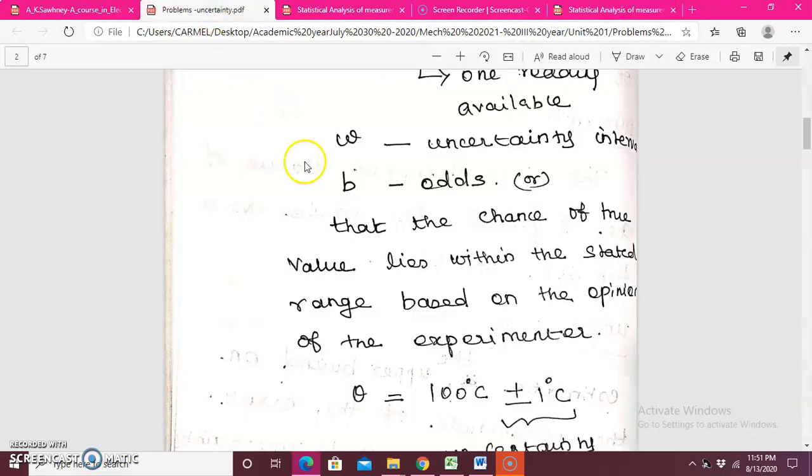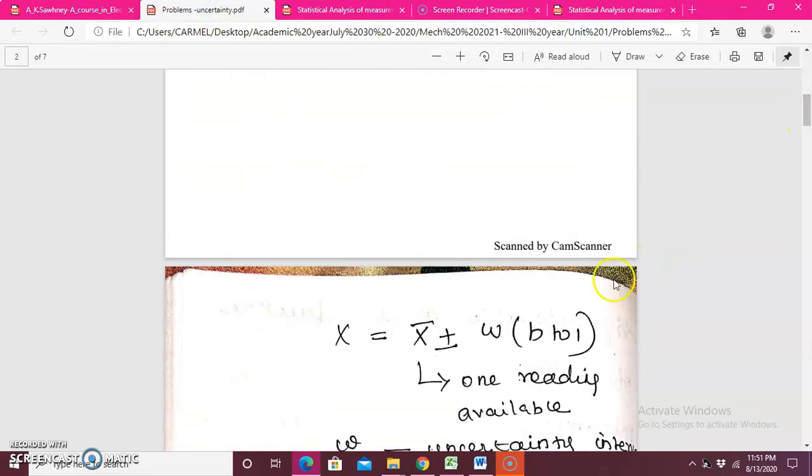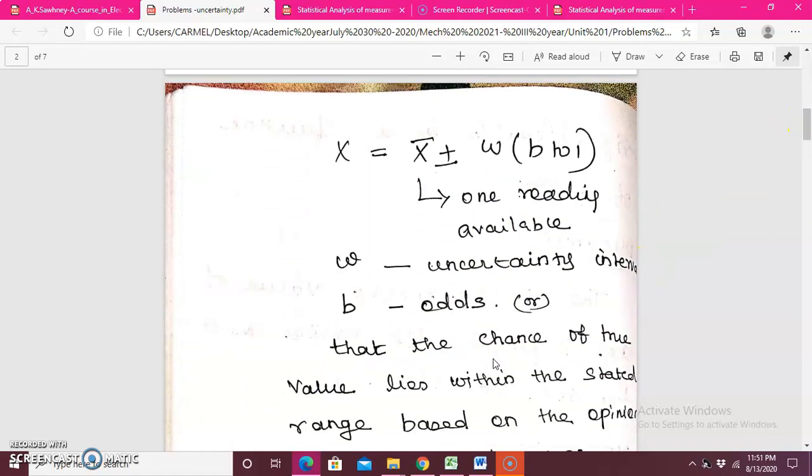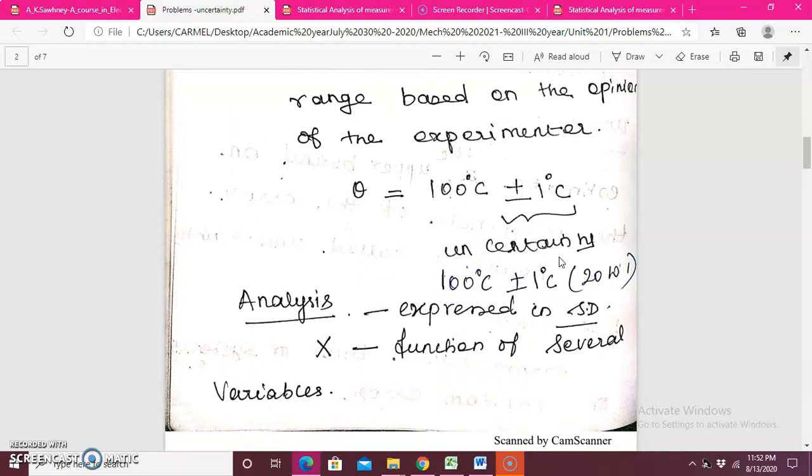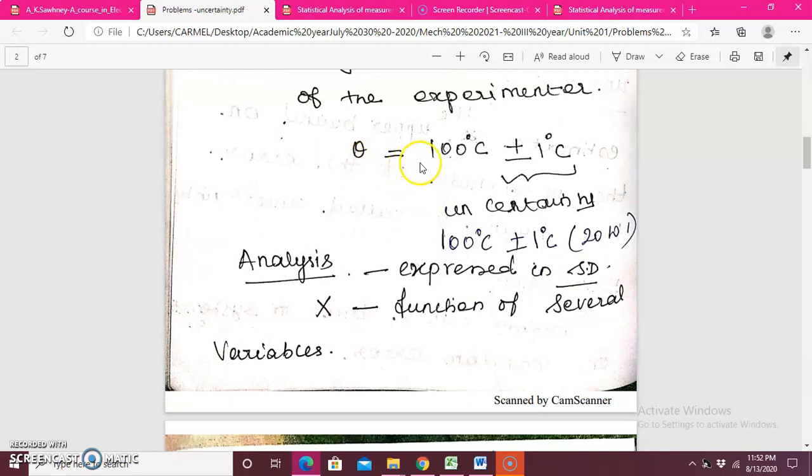Here you can look at this. We have the problem x equal to x bar plus or minus w of p to 1. Here x bar is the reading, and this is your uncertainty interval and odds, which is based on opinion. So the value will have theta equal to 100 degrees plus or minus 1 degree.